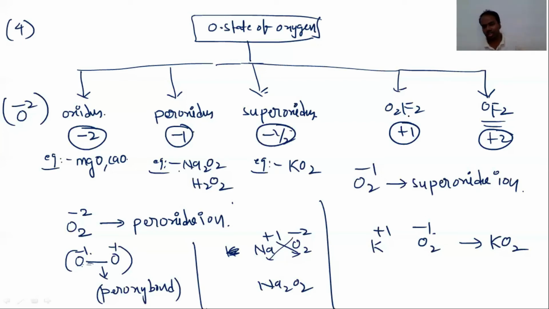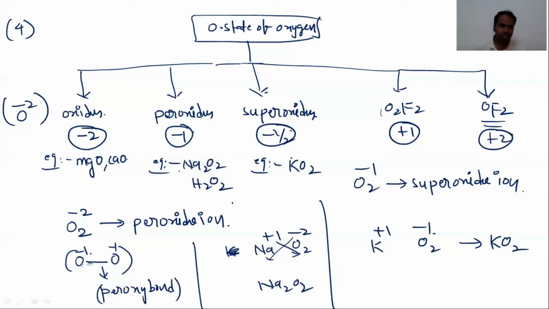What is the reason? Among all periodic table elements, fluorine has the highest electronegativity. So there is no atom to take electrons from fluorine. The second highest is oxygen. So when oxygen is bonded with fluorine, oxygen has to lose electrons. As a result, oxygen can form positive oxidation states. These are called fluorides; these two compounds are not called oxides.